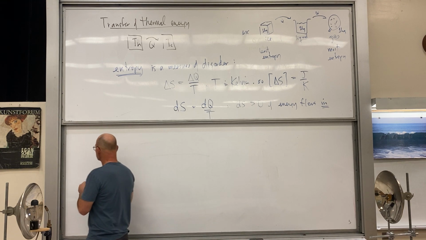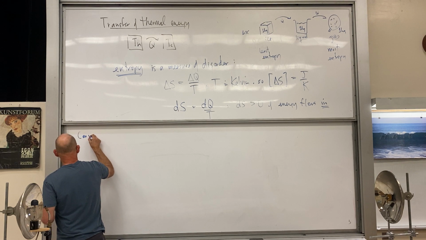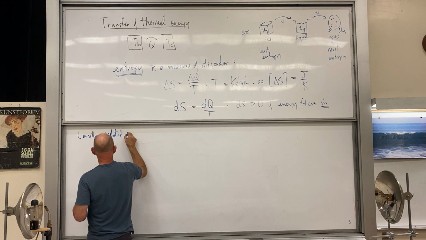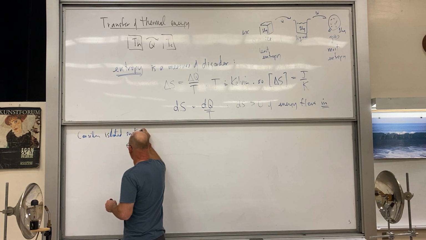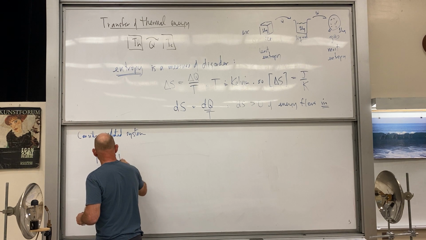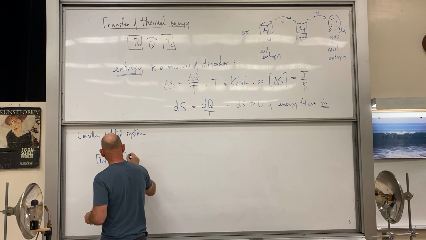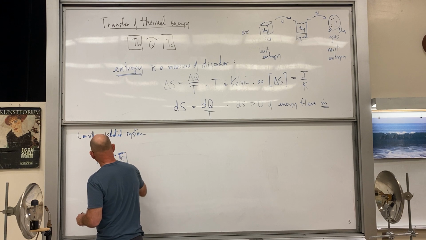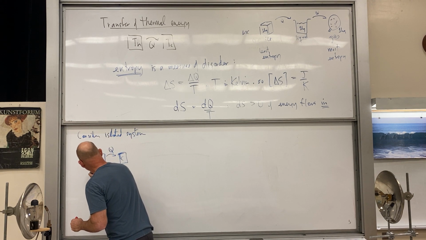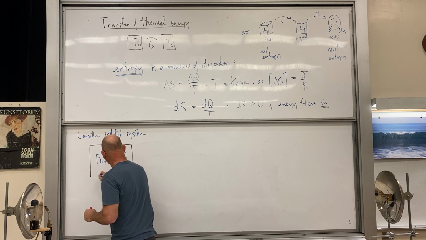So consider this isolated system, and it's the same cartoon, TH, TC, heat flows from one to the other. But the idea now is I'm just going to put them in a box. That's what it means to be isolated.